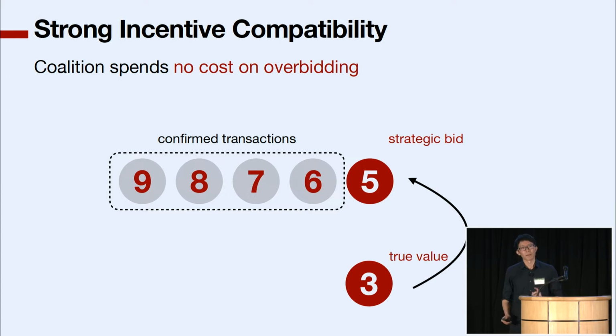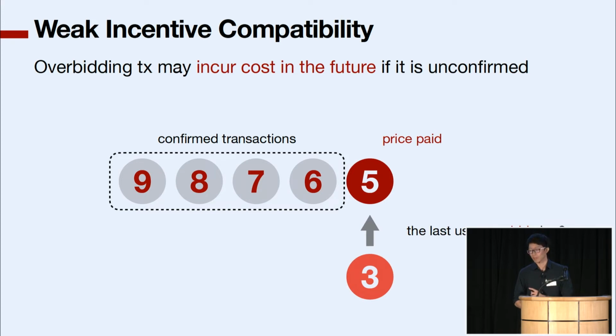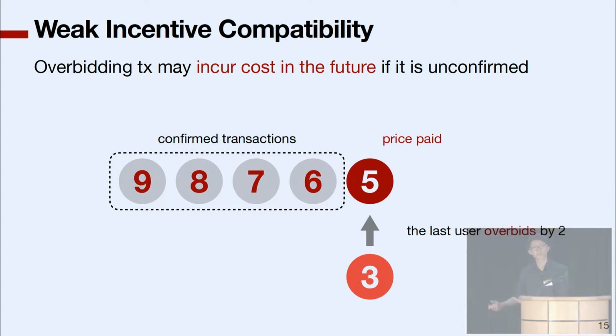However, blockchain is a repeated auction. There's always another block after this block. So suppose your true value is $3. You are not confirmed for now. You may be confirmed in the future, and it's possible that you need to pay $5 in the future.